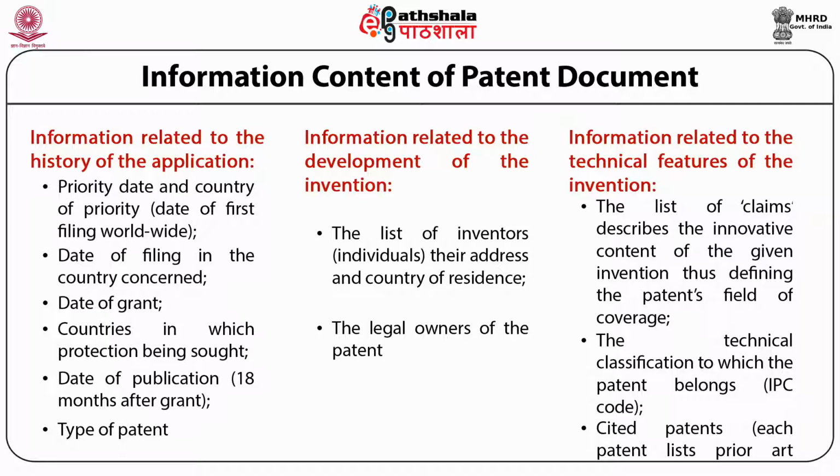It also talks of types of patent, whether it is a functional patent, and in some patent offices like the US patent office, patents are also granted for design patents and plant patents.